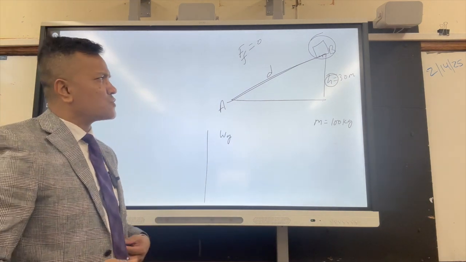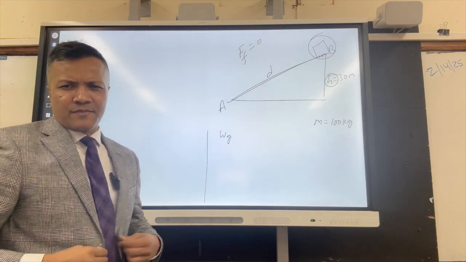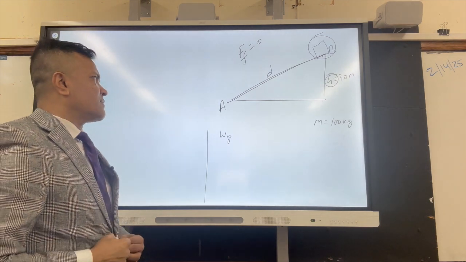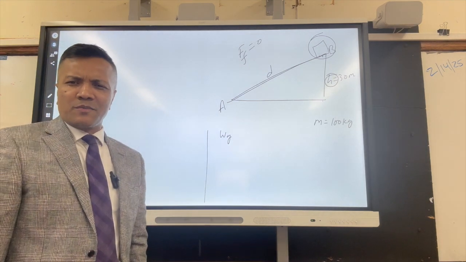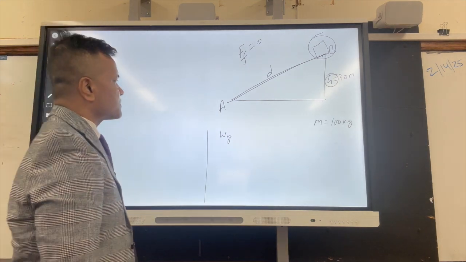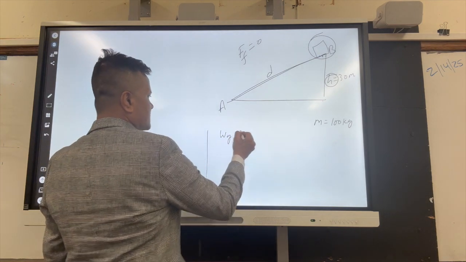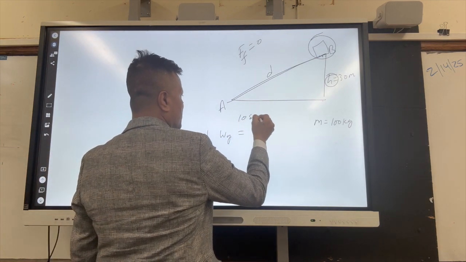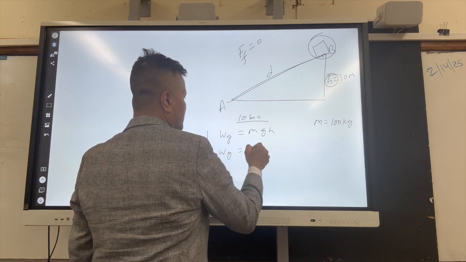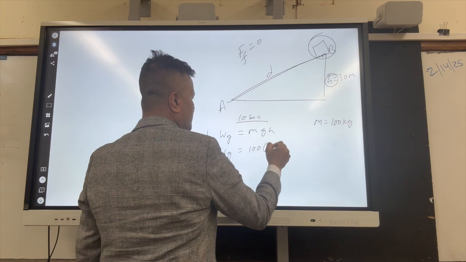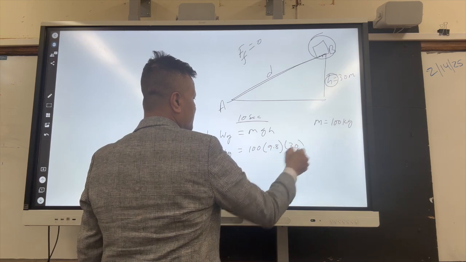How much work is done by gravity as it slides from location A to B, assuming there is no friction? Ten seconds away from solving the problem, it is mgh. M is 100, g is 9.8, h is 30.